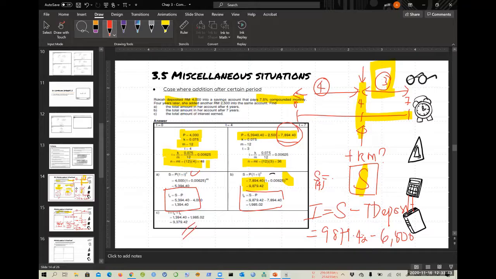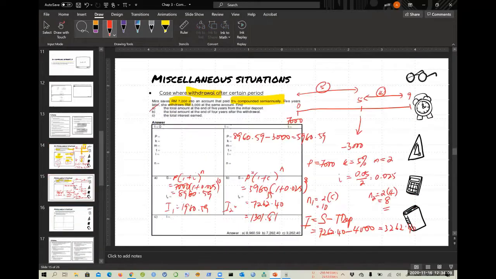So the total deposit will be 6,500. Okay, so this is 6,500. Not 8, I just wrote it like an 8. Okay, so that is for the second.